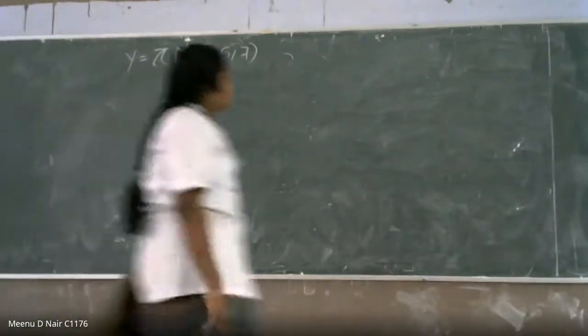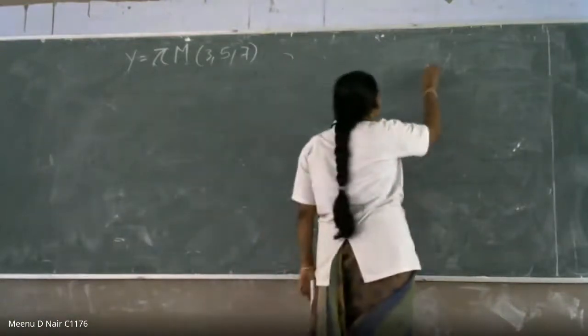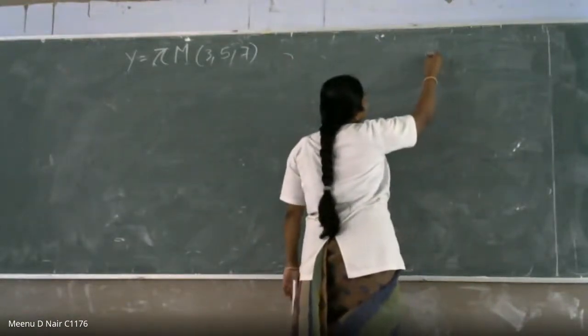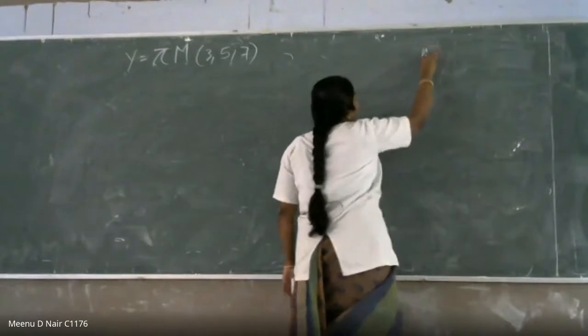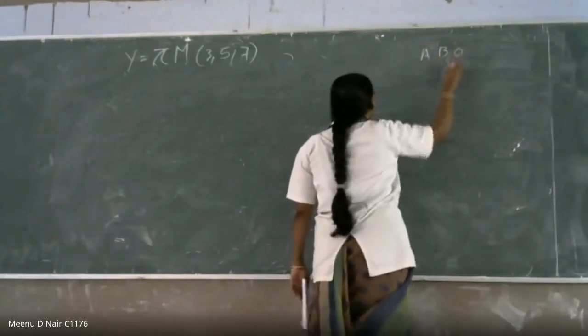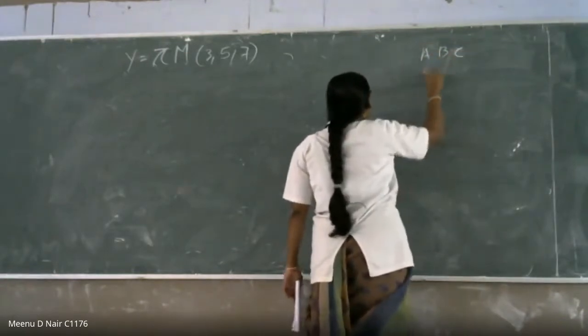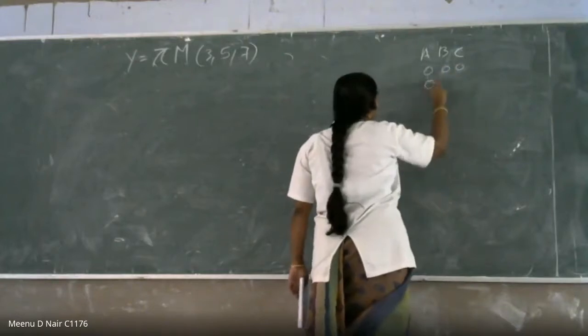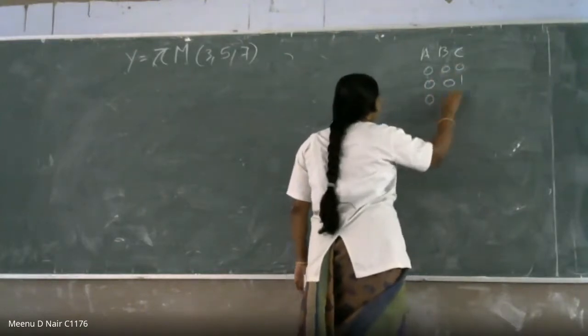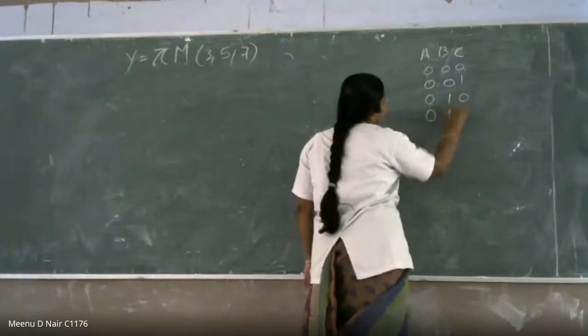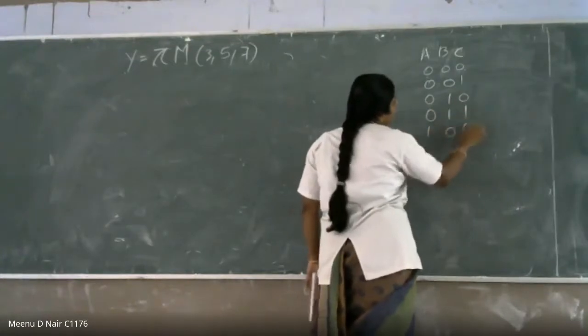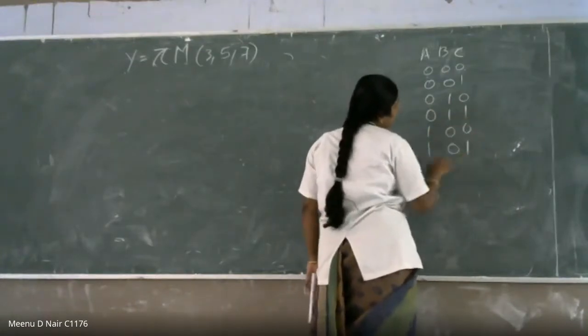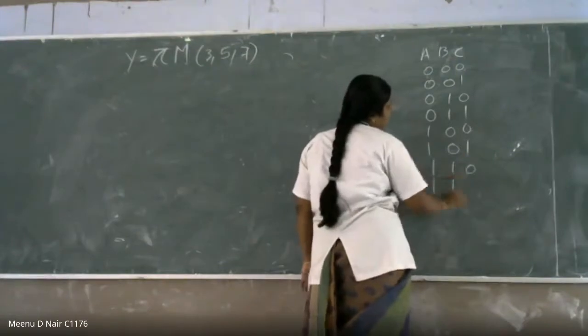So if it is pi, how it comes? This is A, B, C: 0 0 0, 0 0 1, 0 1 0, 0 1 1, 1 0 0, 1 0 1, 1 1 0, 1 1 1.